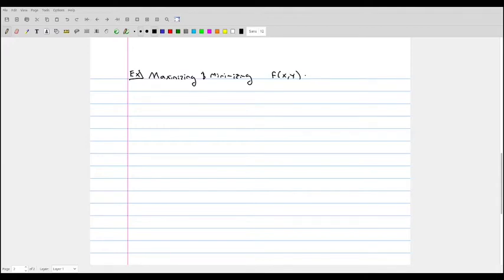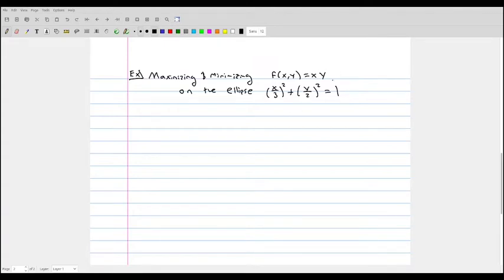f of xy is equal to x times y on the boundary of an ellipse, or on the ellipse (x over 3) squared plus (y over 2) squared is equal to 1.